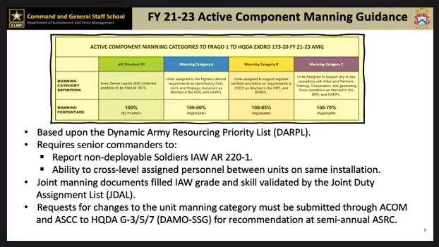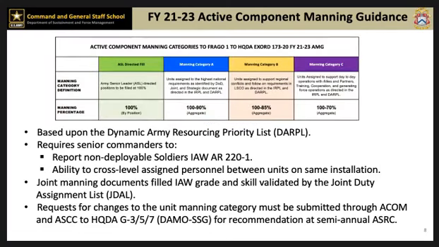These categories change along with the aggregate manning levels percentage based on Army priorities which are created by the demands against the Army from the Chief of Staff of the Army and the DARPL. If the inventory allows, units will be manned in accordance with their required Table of Distribution and Allowances, TDA, or Table of Organization and Equipment, or TOE.